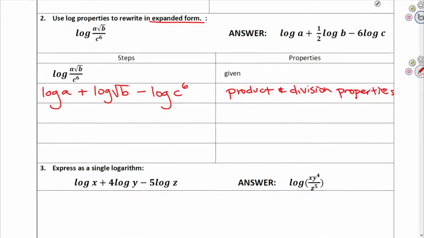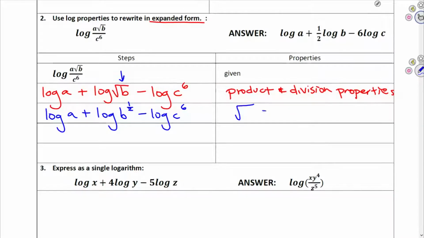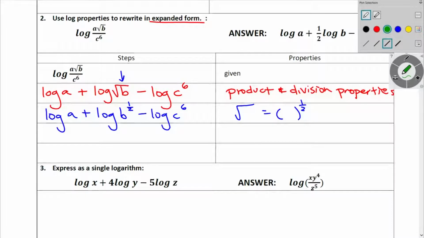Okay, so once I dealt with that, I'm now going to think about the power properties. I don't quite have a power for b because it's a square root. But I know the square root is the same as the 1/2 power. So rewriting this, I can write log of b to the 1/2 power minus log of c to the 6th. Now that I have clear powers, I can bring these powers to the front as coefficients.